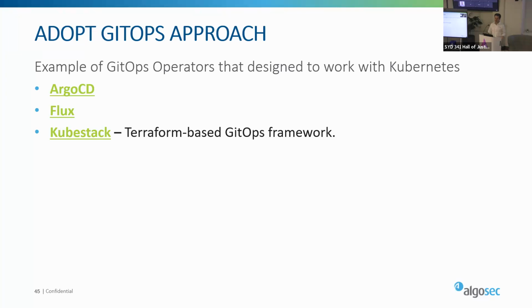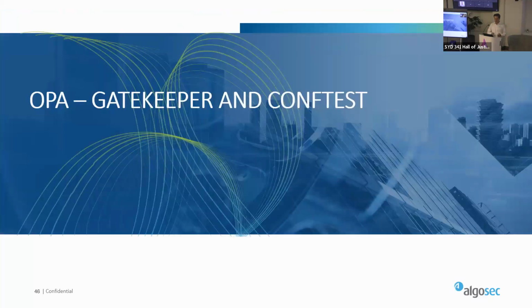So how do you bake it all together? One of the recommended approaches is to use GitOps together with OPA, or Open Policy Agent.